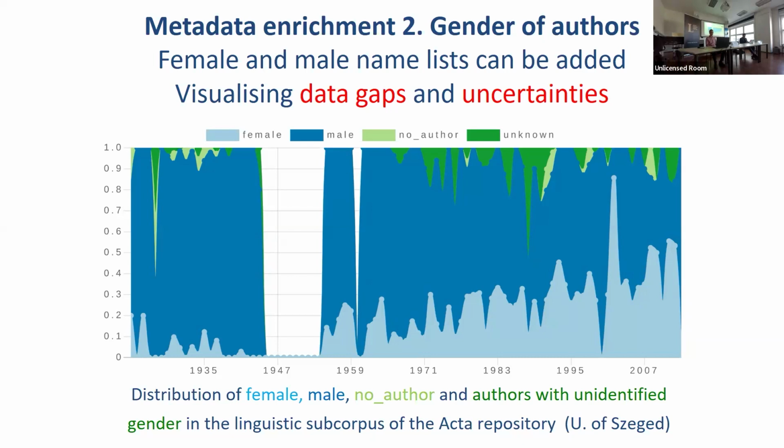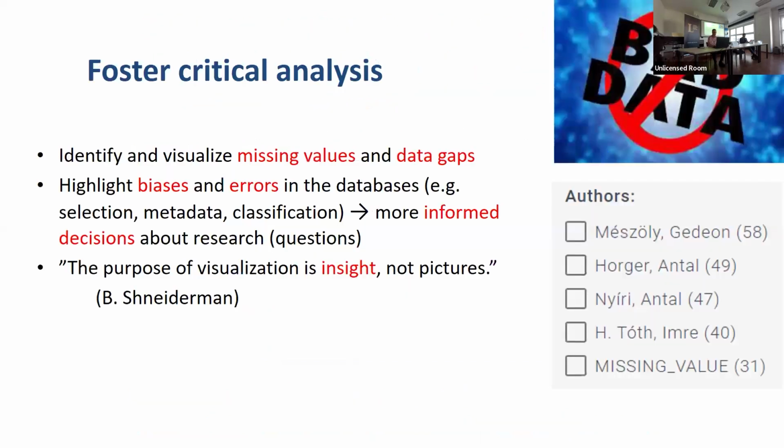For example, if you think of names like G. Smith in a catalog, you can't tell whether G stands for Julia or John. And we did not leave these names out. You can see these unknown and uncertain names in green on the chart. So it's very important to visualize these uncertainties as well.